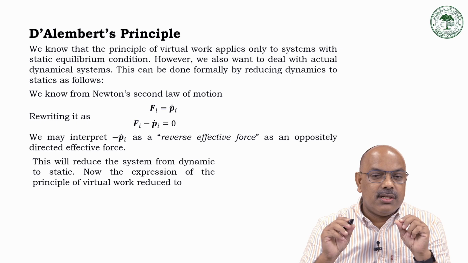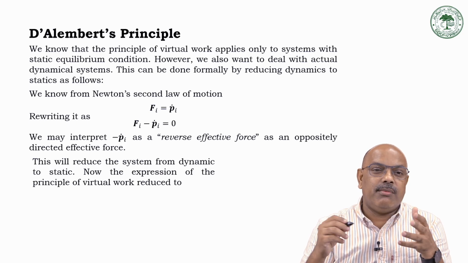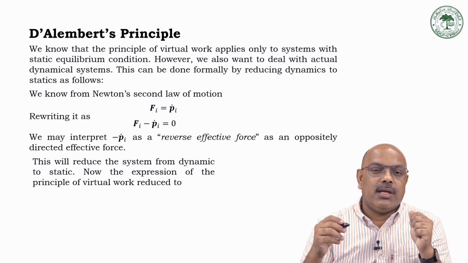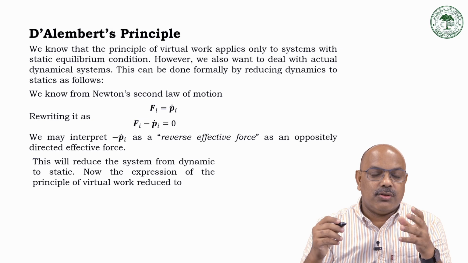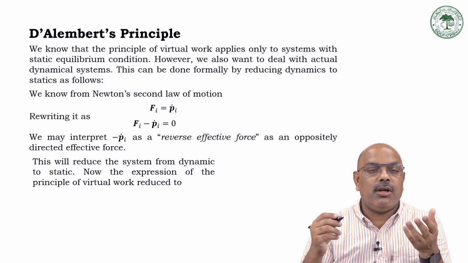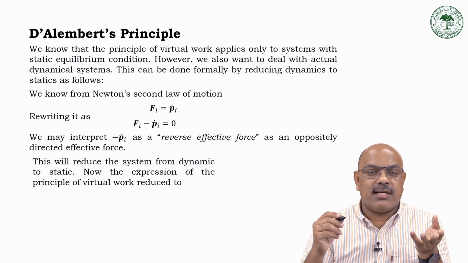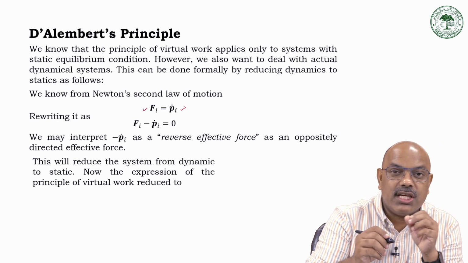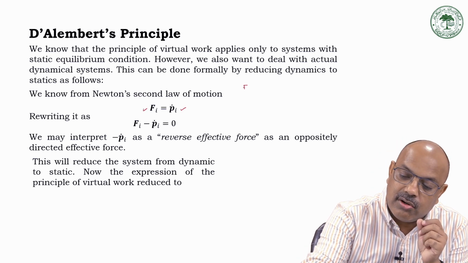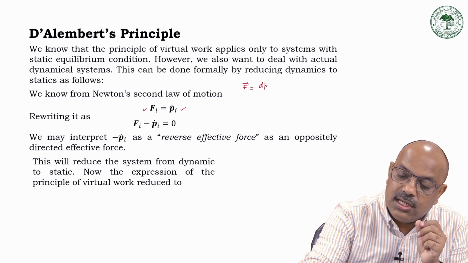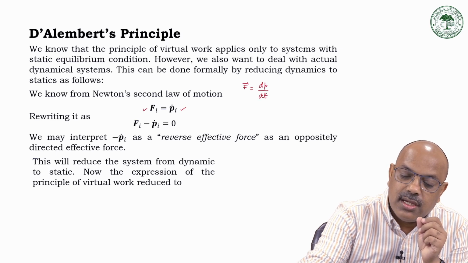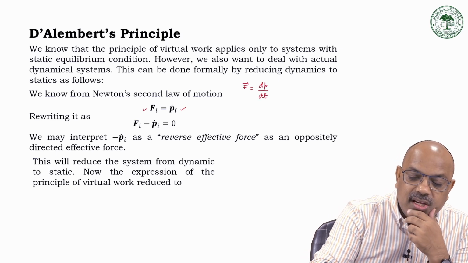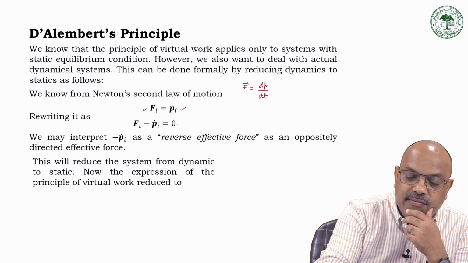But we want the condition for dynamical equilibrium, and that is done through Newton's second law, because Newton's second law tells us that the force applied, Fi, is the rate of change of momentum, that is F is dp by dt. Rewriting this, I can take Fi minus Pi dot equal to 0.